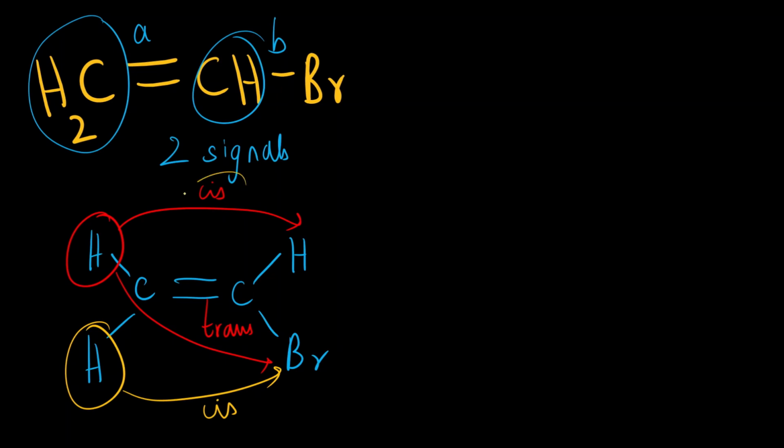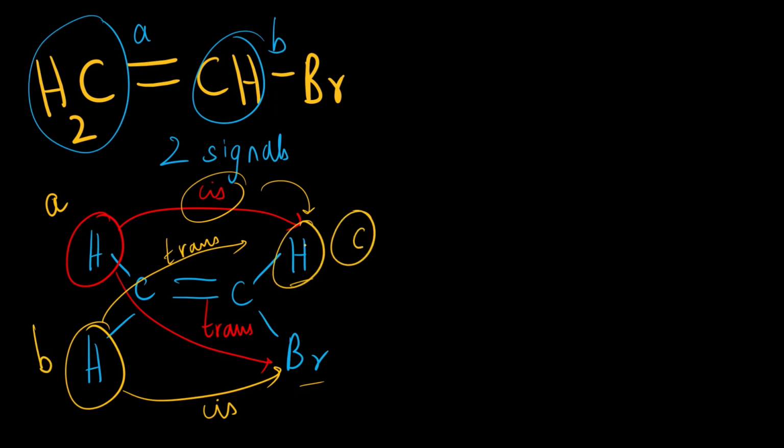The red one is cis to hydrogen, and the orange one is trans to hydrogen, but the red one is trans to Br. So both are in different chemical environments. So this will give one signal A, this proton will give another signal B, and this proton will give another signal C. So here also you will see 3 signals. What will be the ratio? 1 is to 1.